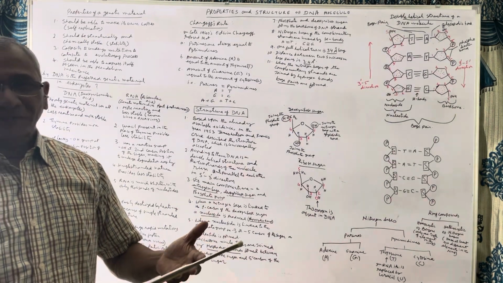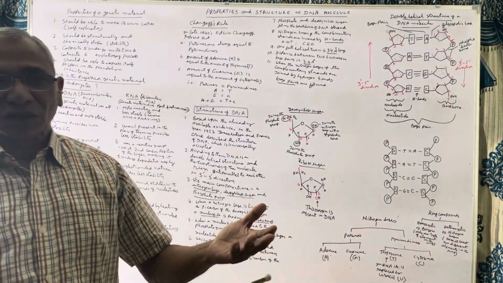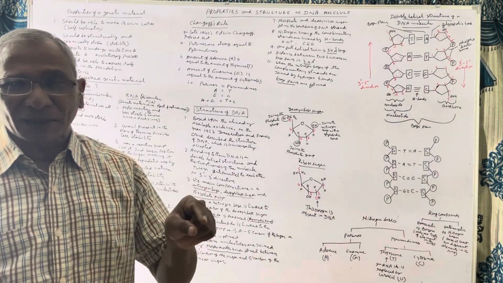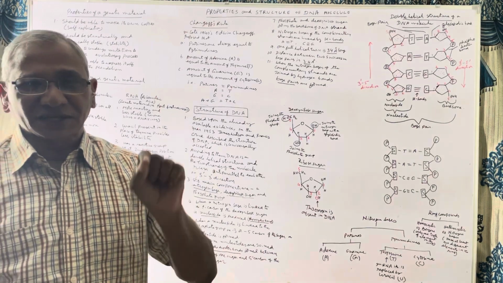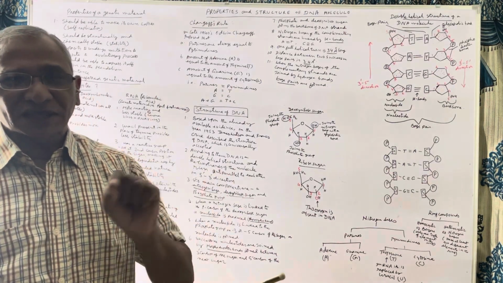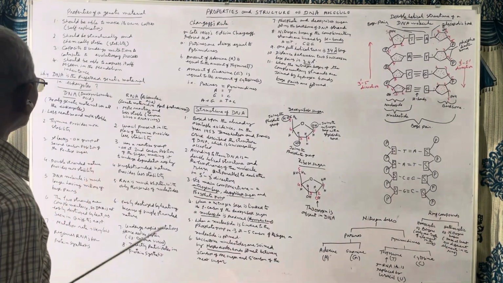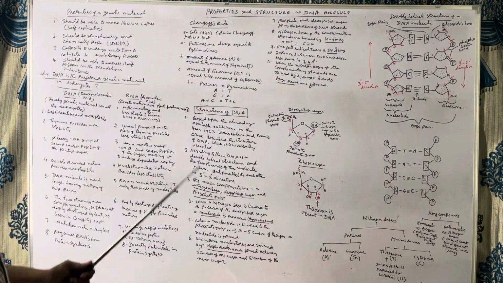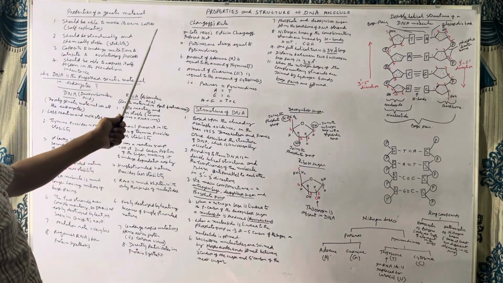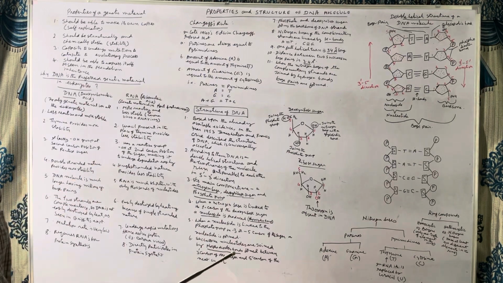For example, the height of a pea plant may be tall or short. That is decided by the genes. Similarly, the shape of a seed, round or wrinkled, like that, the DNA must express itself. So, any molecule to be considered as a genetic material must possess these properties. Otherwise, it cannot be the genetic material.